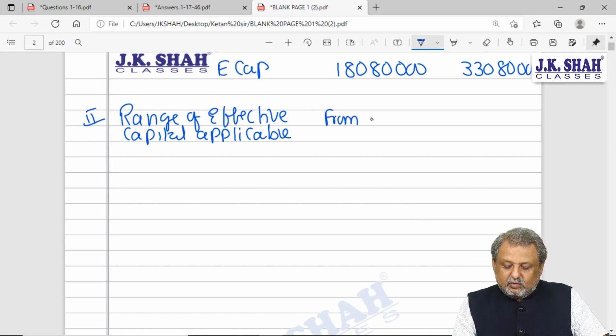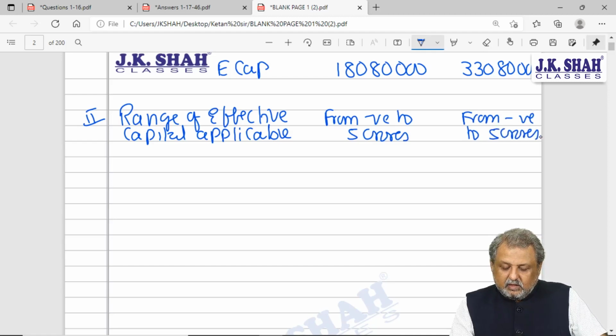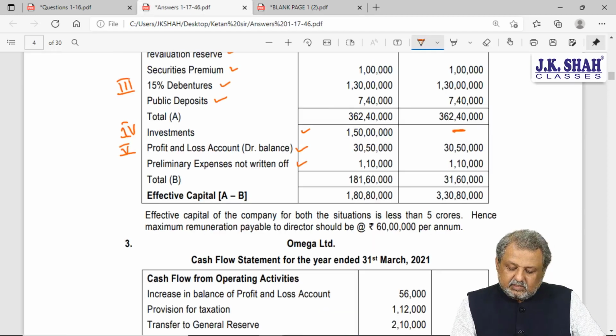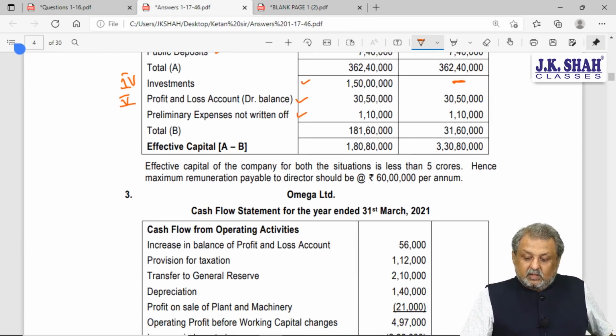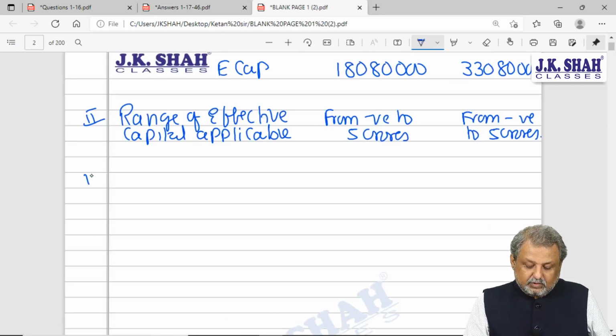That is from negative up to 5 crores. Both are falling under the same category. And because both are falling under the same category, their remuneration will be same. And whatever remuneration you will be getting, it will be per annum remuneration. That is point number 3.